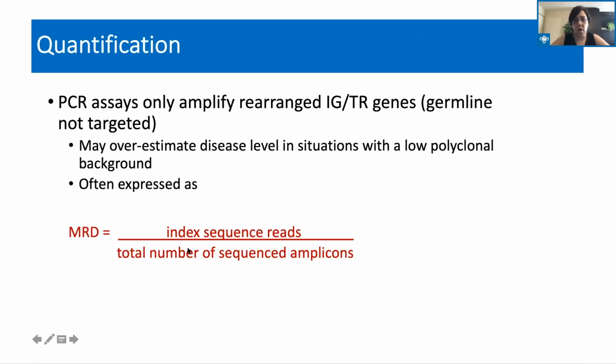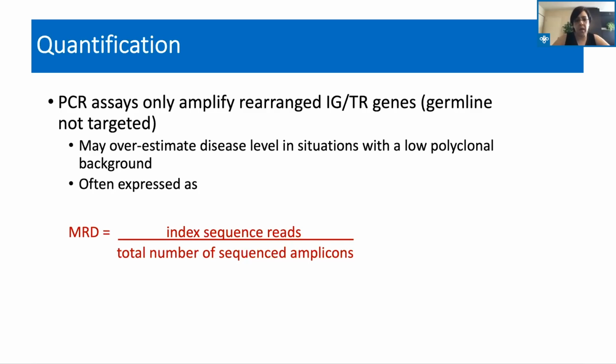And as you know, with IgH and T cell receptor analysis, you're only sequencing the gene when it's physiologically rearranged or pathologically rearranged, and not all of the cells in the background are going to have that arrangement. So many times you're going to have an overestimate of the disease level in situations where you have a low polyclonal background.